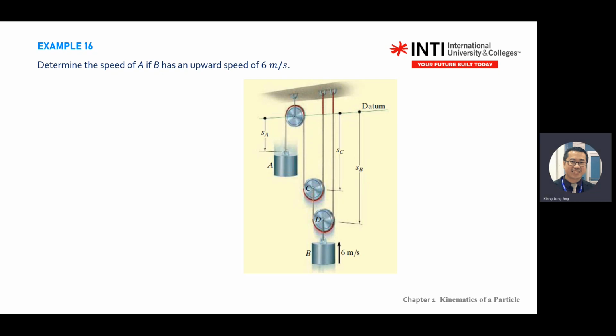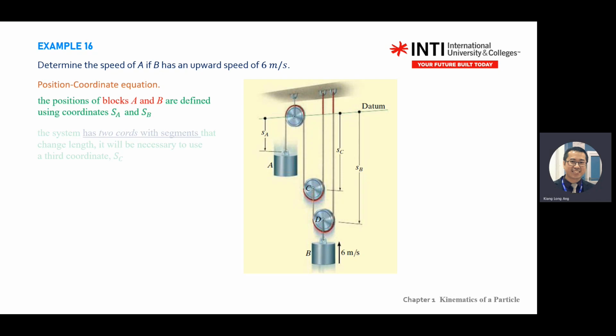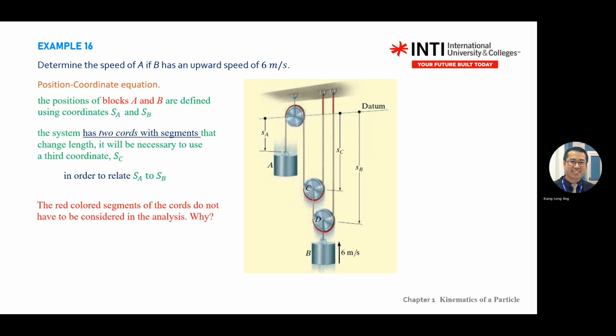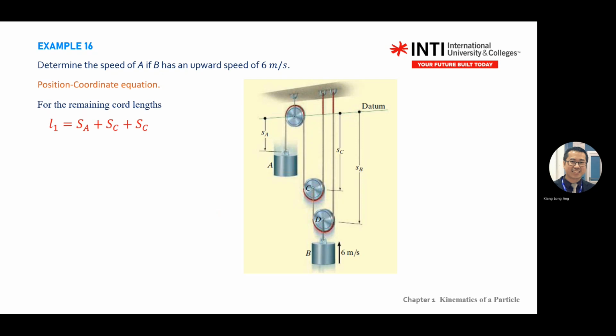Later, the same steps, find the total length. I put in the first length first: SA plus 2 SC. Then the second length, you get this one.